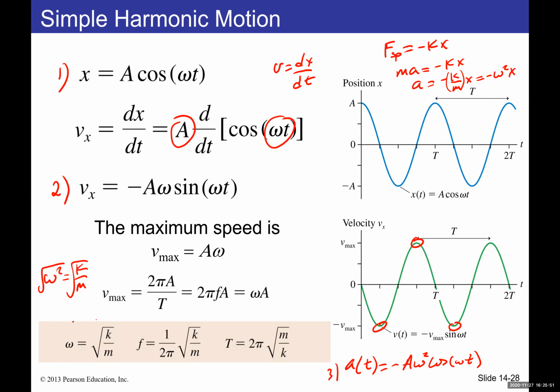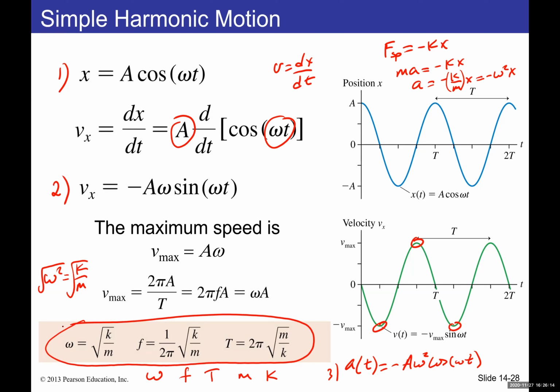Then these other equations are basically equations of the system variables. So we have angular frequency, linear frequency, period, mass of the block, and spring constant K. Those are, let's say, my variables. And in a way, those equations relate all of those things together.